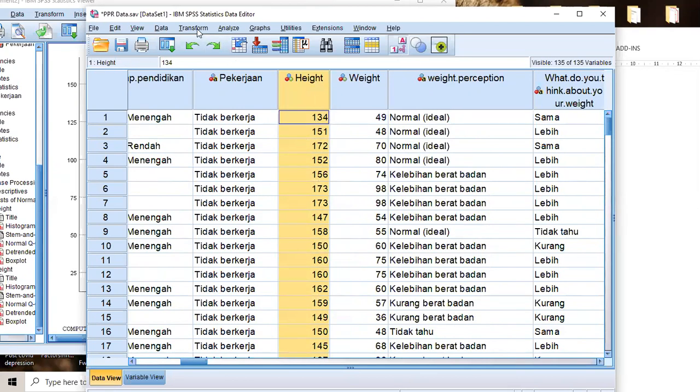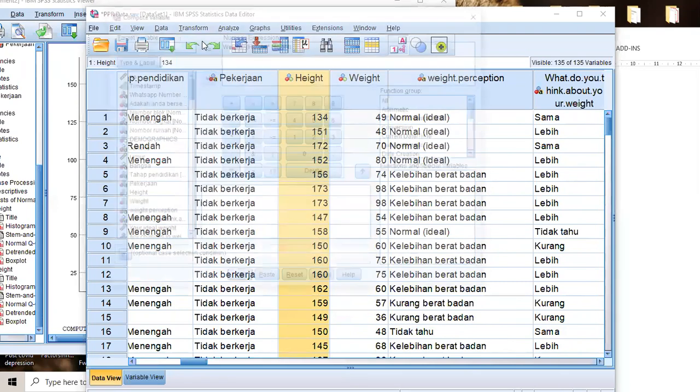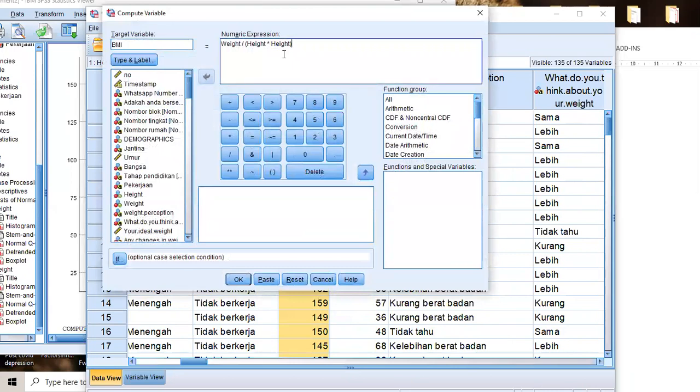So transform, compute, or keep it this way. If I use this formula, what other thing must I do here? Divide it by 100. So you want to divide here, okay, fine. Divide by 100 times that, and divide this by 100.